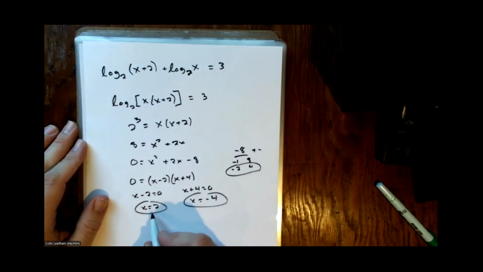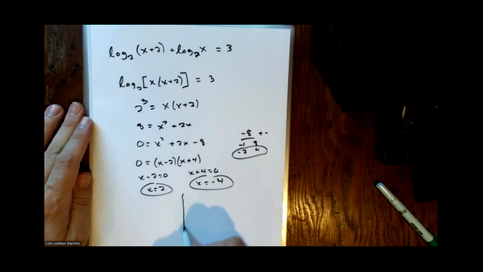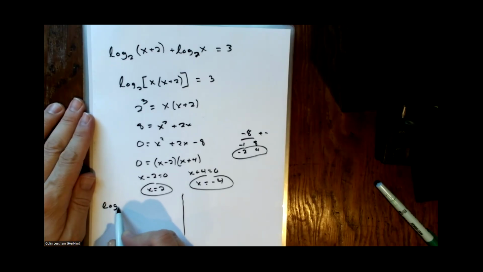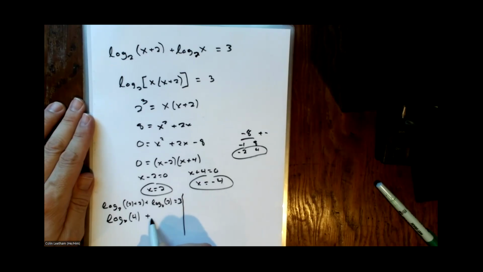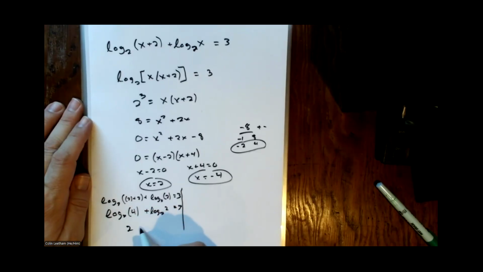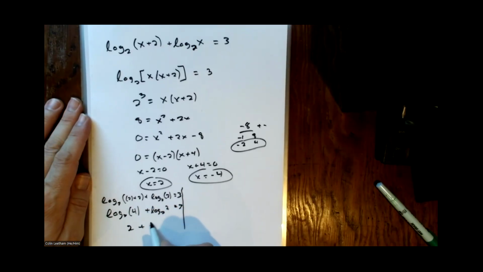So that one looks like it's going to check out. 2 to the second is equal to 4, so that's a 2. 2 to the first equals 2. Yes, that equals 3. Sure enough, that looks like good math.